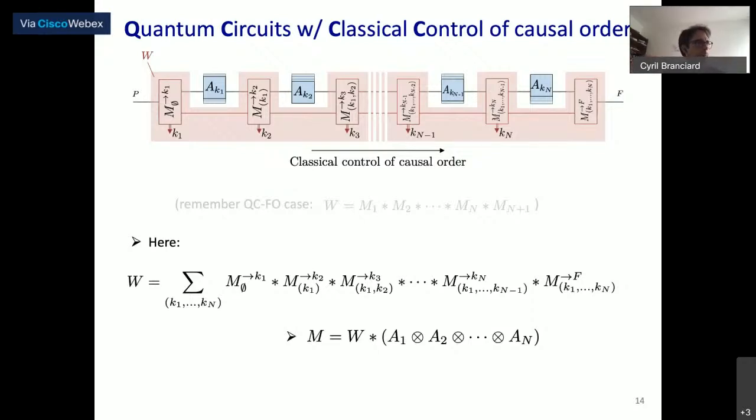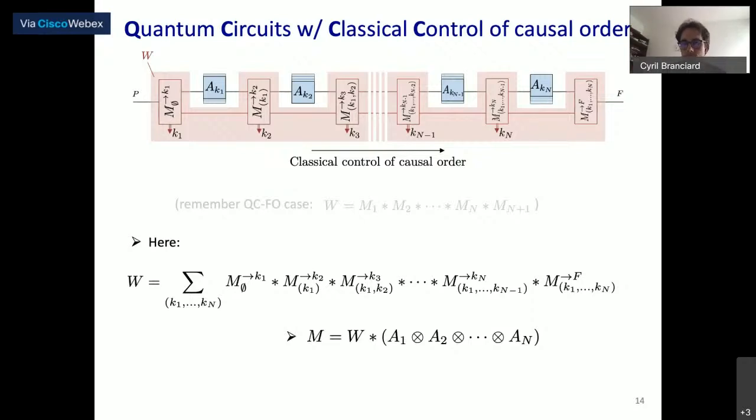But I'm guessing that the point at which it enters this QC class would be lower. So there might be a gap where it stops violating any causal inequality, and before it enters the set. But now the question of whether a process matrix like this violates a causal inequality in general, it's not such an easy question, because you need to consider any possible scenario with any possible number of inputs and outputs, and you essentially need to construct a causal model for that.